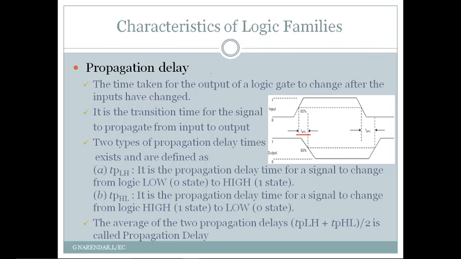We do not want the logic gate to operate slow. That means it has to give faster outputs when we apply inputs. That means the propagation delay must be less for a logic gate to be faster. So we normally prefer low propagation delays for a logic gate.